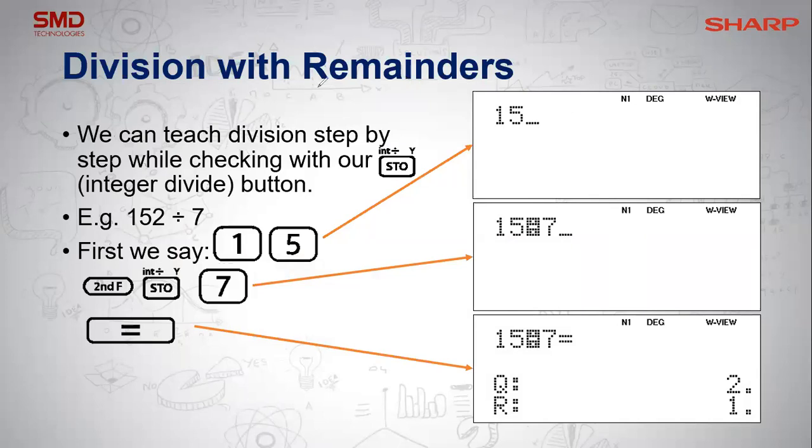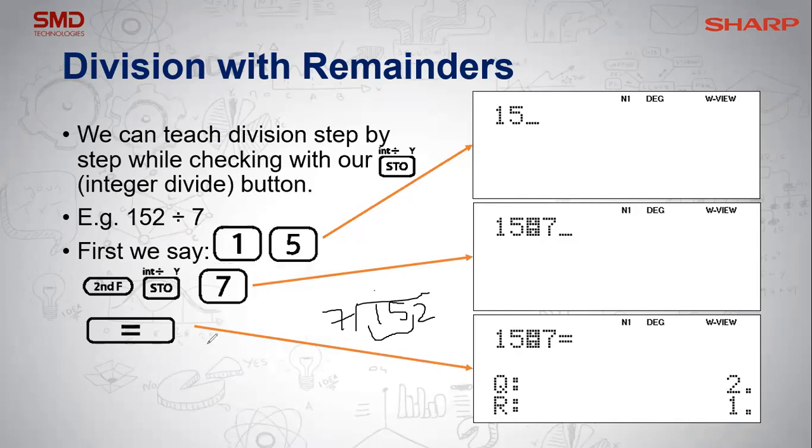Let's say, for example, you have a division sum that says 152 divided by 7. So we have 152, and it's divided by 7. Now, traditionally, we would say 7 goes into 1 zero times, so I put my dot there. 7 goes into 15.